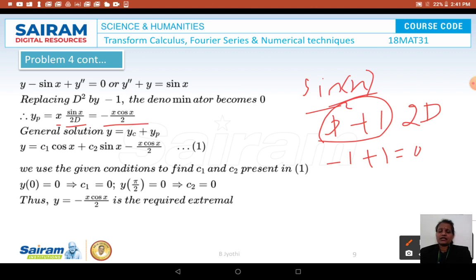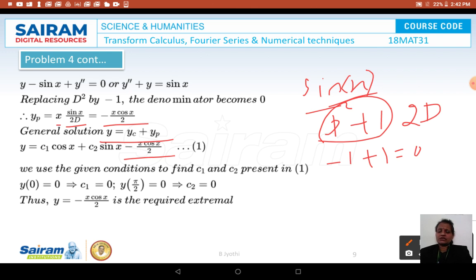Hence the general solution is given by yc plus yp, that is c1 cos x plus c2 sin x minus x cos x divided by 2. Let us call this equation number 1. Now we use the given conditions to find c1 and c2 present in equation 1.